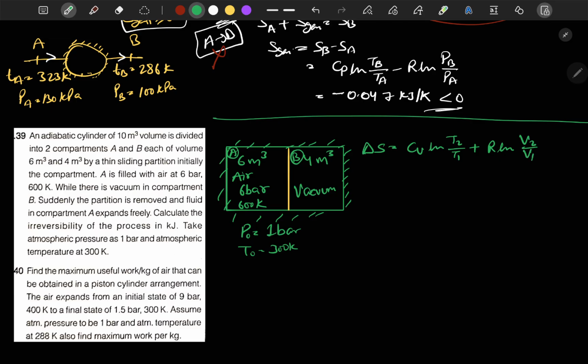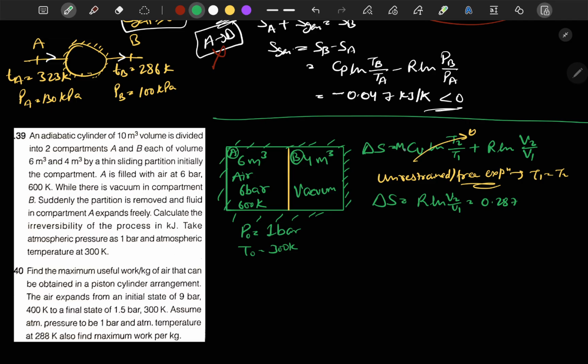But since this is a case of unrestrained or free expansion, T1 is equal to T2, so this term will be 0. So we get delta S to be R ln V2 by V1, which can be calculated with the value of R taken as 0.287.